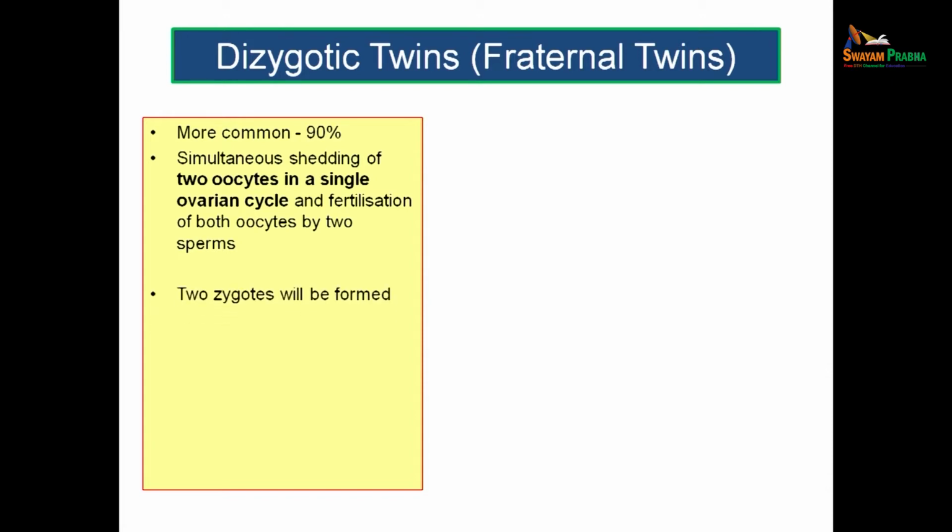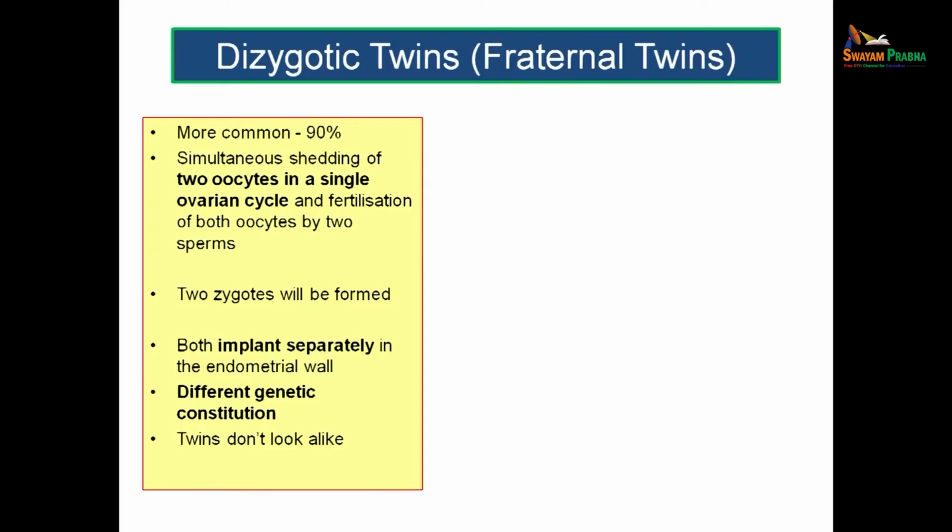So as a result, you will be getting 2 different zygotes, and these 2 zygotes will be getting implanted separately in the endometrial wall, but they will have different genetic constitution and the twins won't look alike. This is just like the siblings in a family, but this time the siblings are actually living in the same intrauterine period.